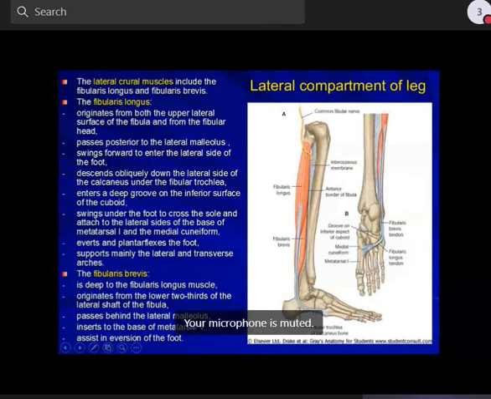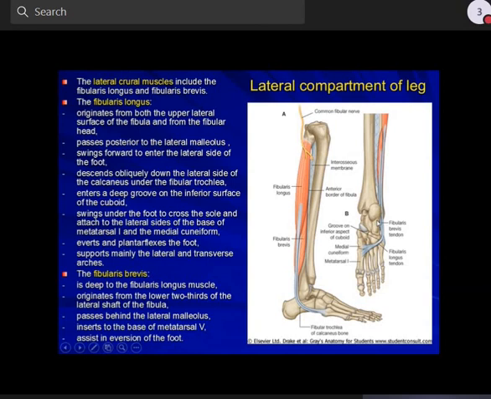And this is accompanied by abduction and dorsal flexion. It's a very important thing that peroneal muscles, especially the peroneus longus, influence both ankle and subtalar joints. How do they act?